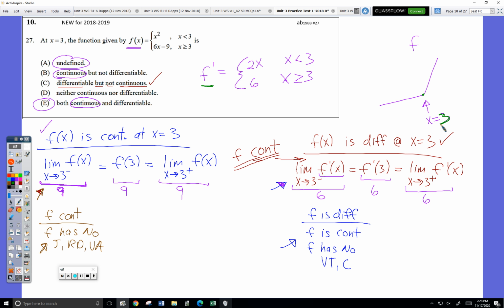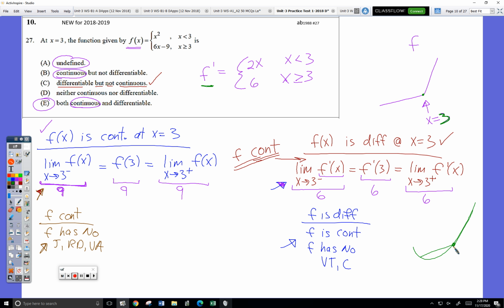Whenever we find a slope, what we're doing is we're going to the point of interest, and we're finding a secant to the left and a secant to the right. And we're making those secants really short in order to determine the slope right at the point. If I go to a corner and go secant left and secant right and make those secants short, I'm never going to get them to be the same. So I can't find the slope at a corner.